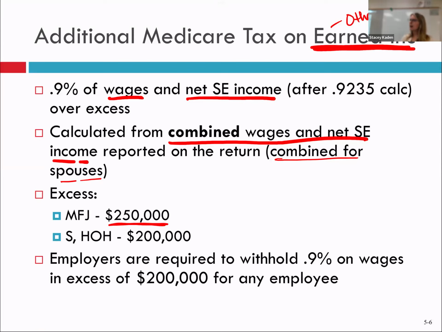For single or head of household, you're not subject to this tax until you get over 200,000, which is what makes this a tax on the wealthier individuals, because you have to have those combined earned income over those amounts.